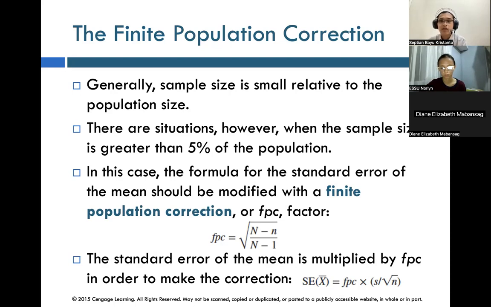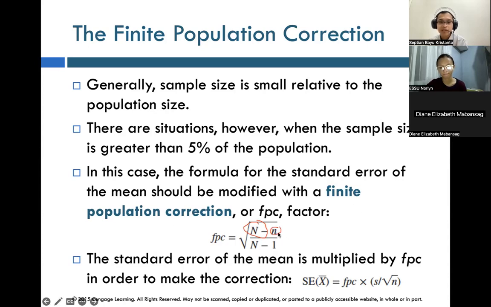The finite or countable population is the way of considering the number of your population. We learn about the big N here. Let's say the big N is for the population, and the small n is for the sample.